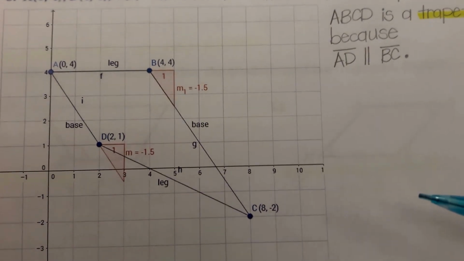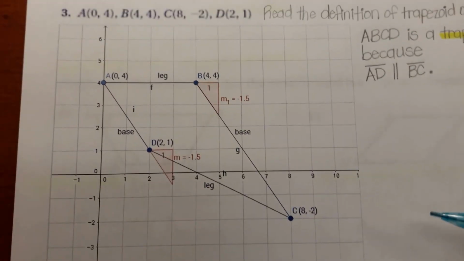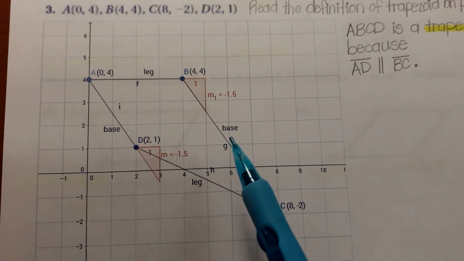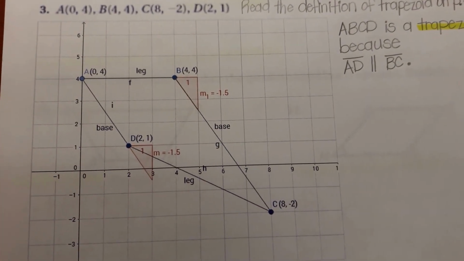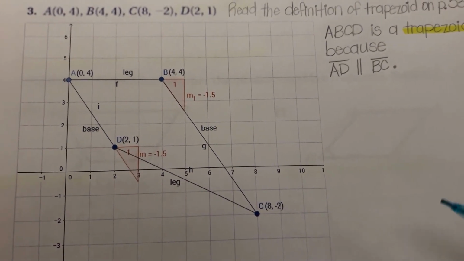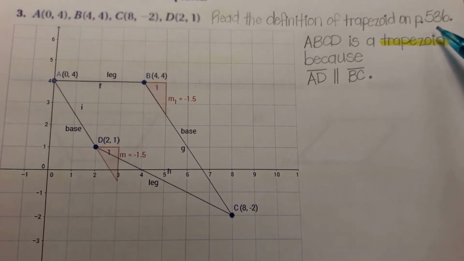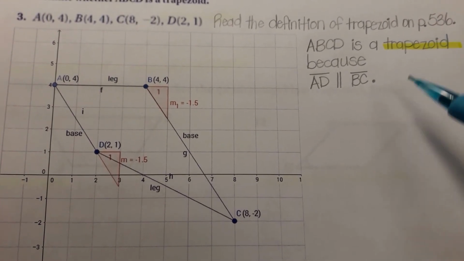If you notice here, I looked at the GeoGebra website and I plotted my 4 vertices. And I want to know if it is a trapezoid. So you need to read the definition of a trapezoid on page 536.